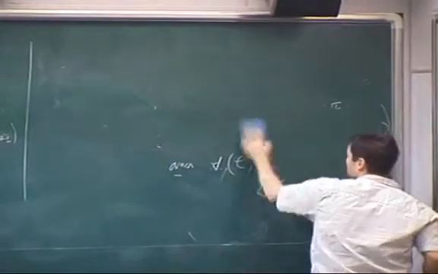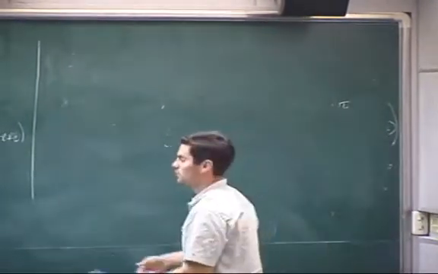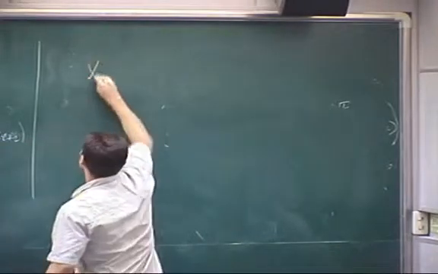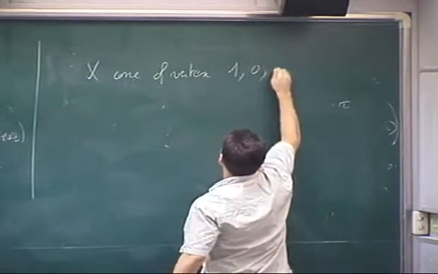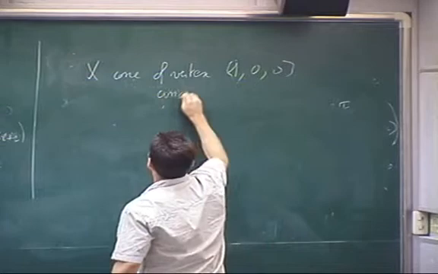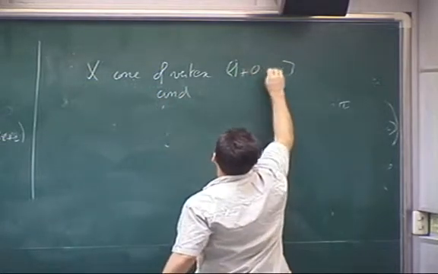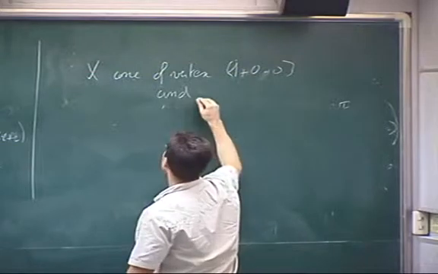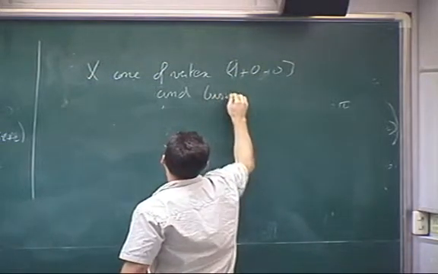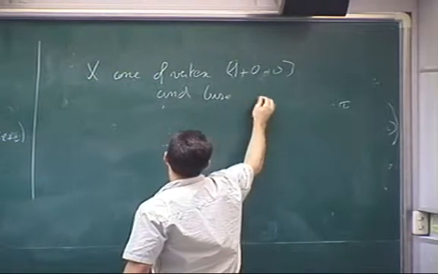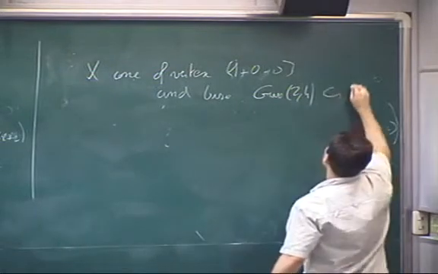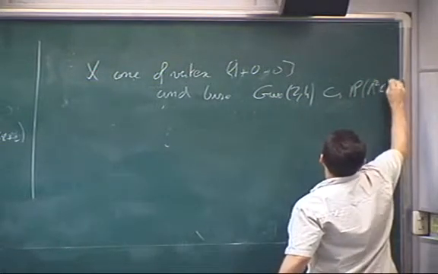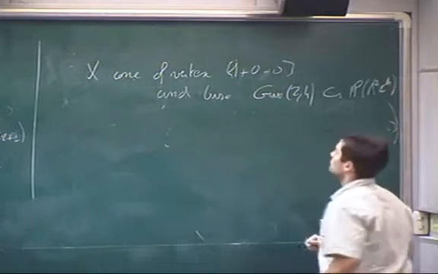Maybe you can prove that X is a cone over a Grassmannian, with vertex 1 plus 0 plus 0, and base the Grassmannian G(2,4), embedded in P of the exterior square of C4.